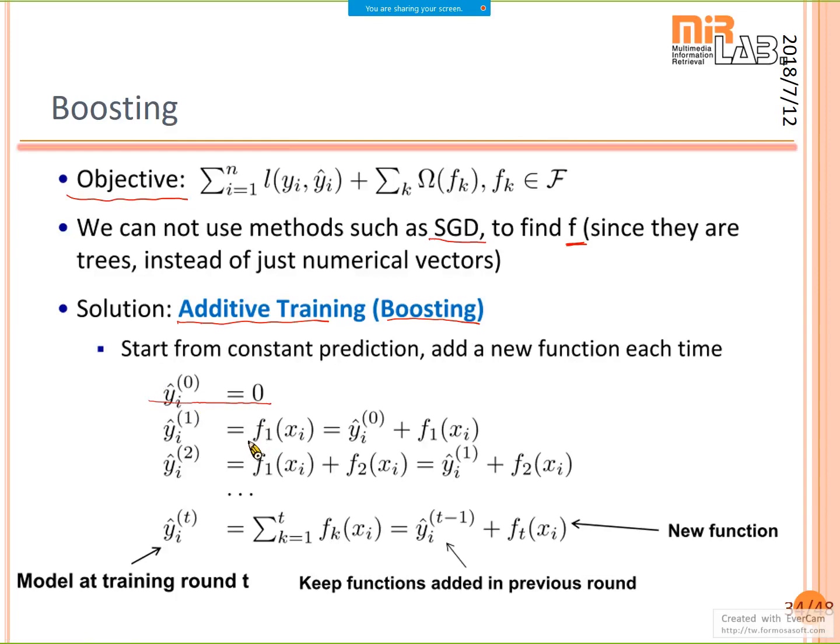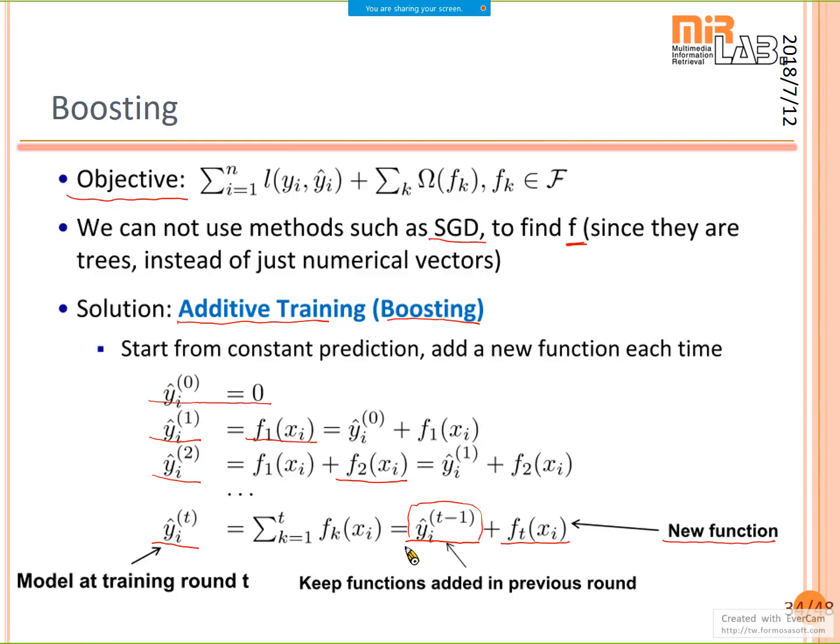In the first iteration, we add one model, f1, and in the second iteration, we add the second model. For the iteration at time t, we have the older model right here, which is the summation of the previous trees, and we are going to add a new model right here. So this is a new function.